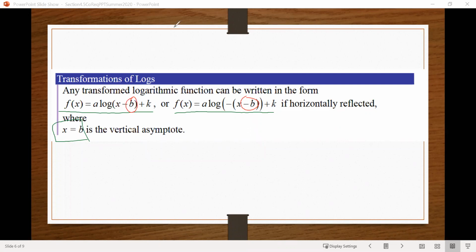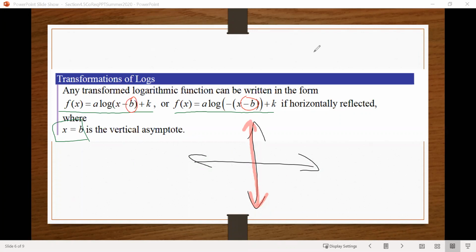Now let's talk about the difference between these two formulas and when they're used. To do that, I first want to remind us that when we looked at the graph of just a general log function that had not been transformed, what we saw is that it had a vertical asymptote on the vertical axis, so at x equals 0, if that's our input variable.